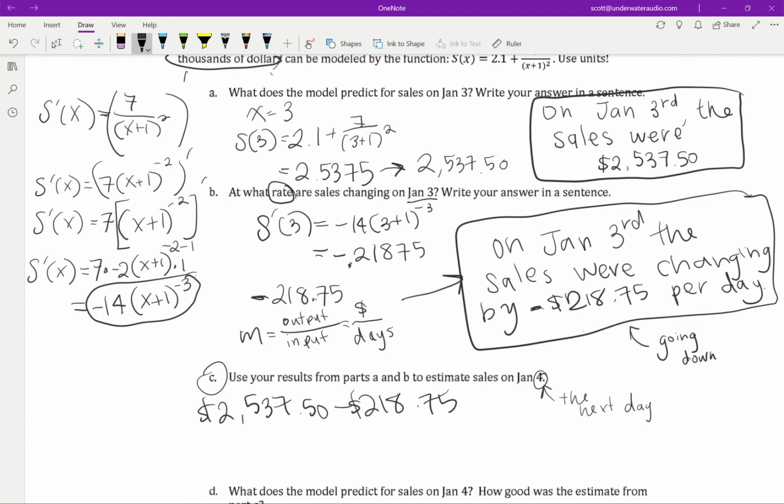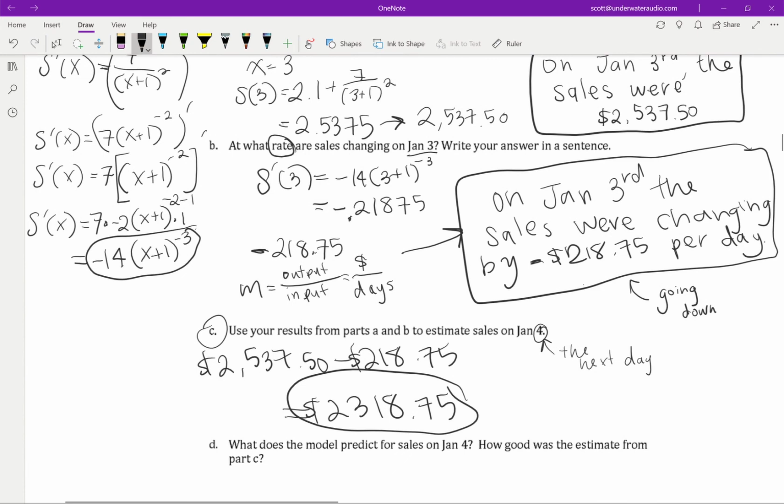So now I'm just going to subtract. I'm doing that on my calculator. And that gives me $2,318.75. So that's my guess, but it's not exact. It's just an estimation.